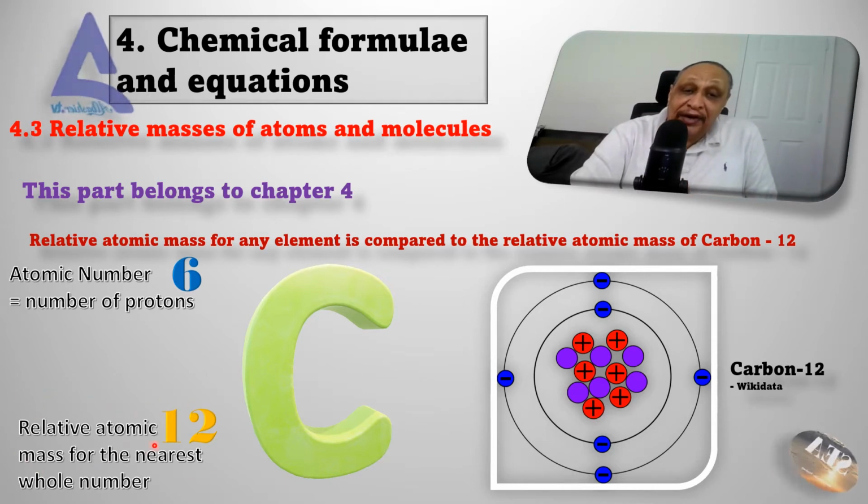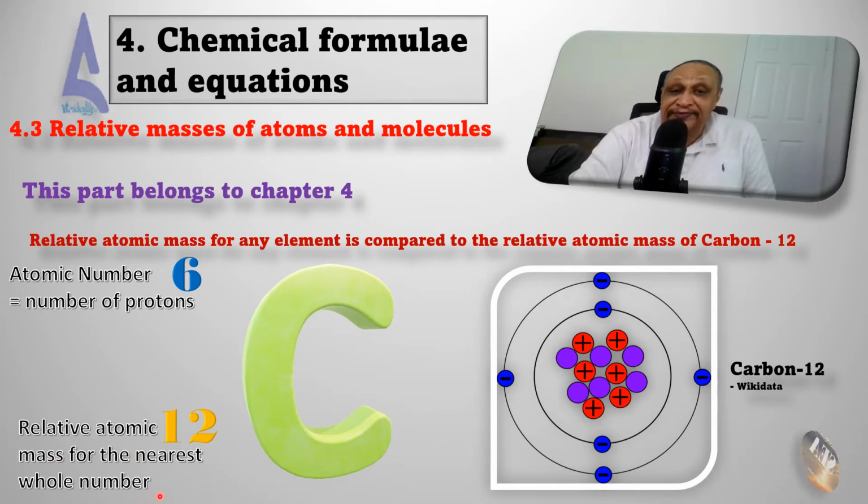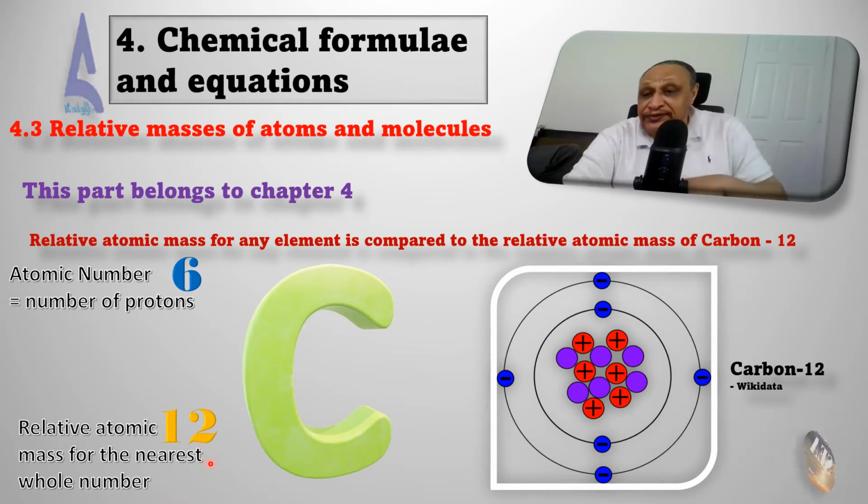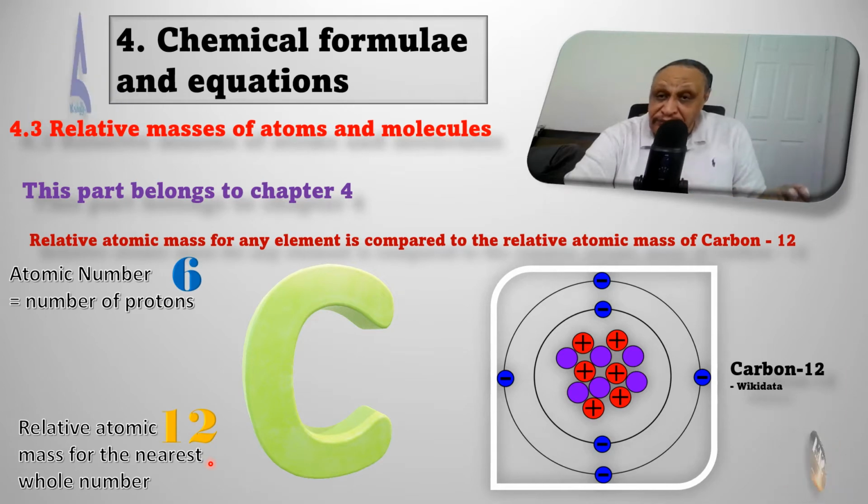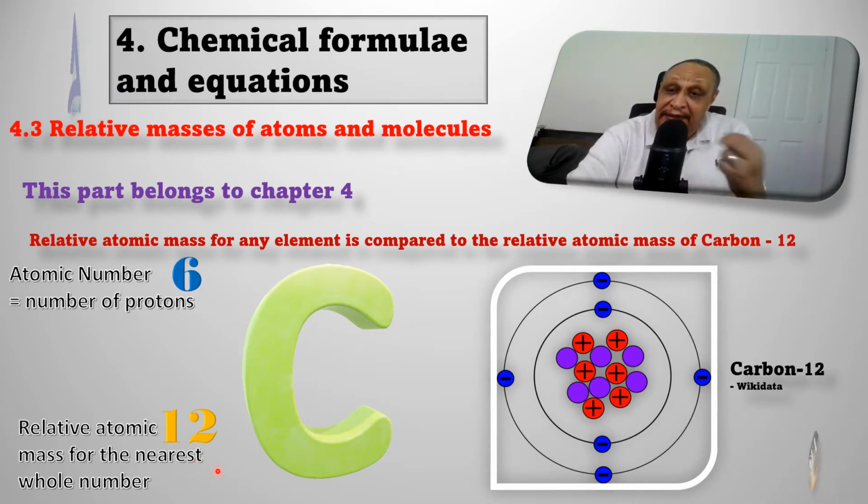And then you are going to see another number, which is the 12, below, which is the relative atomic mass to the nearest whole number. This comes from the number of protons plus the neutrons.